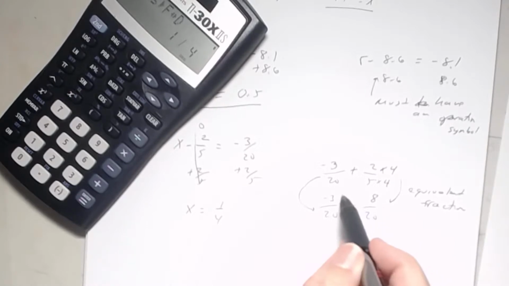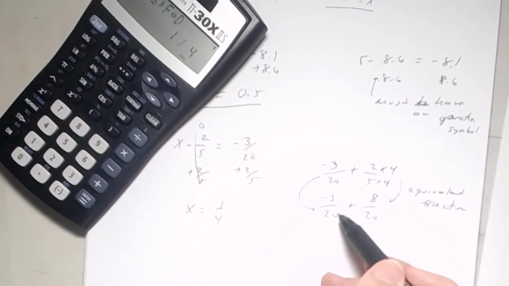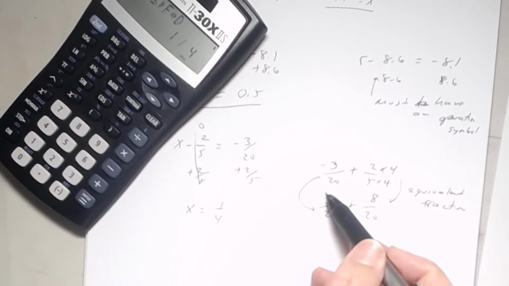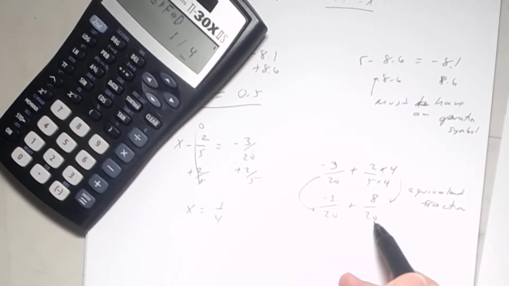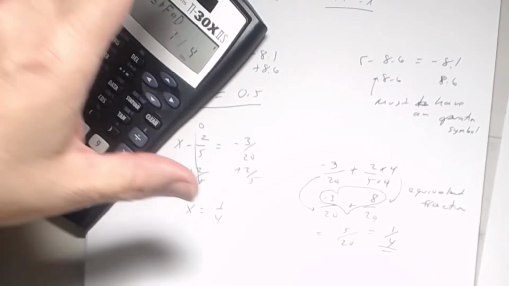Let's say these are partitions: 20 partitions. You have a negative 3 of them here and a positive 8 of them here. Altogether, how many do you have? 5. So that's 5 over 20. Reduce, what's this? 1/4. Okay.